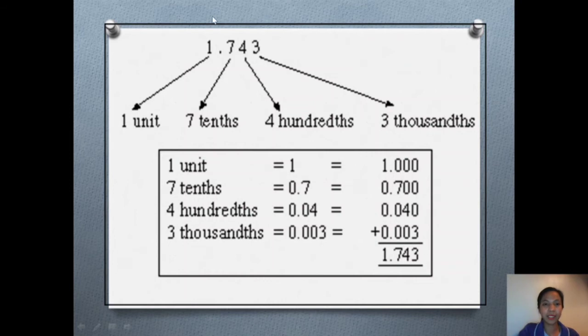So as you can see, it goes back to this 1.743. Alright. Next, understand? Okay. I guess I got all the yes.